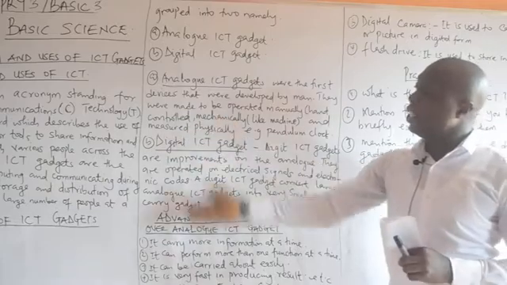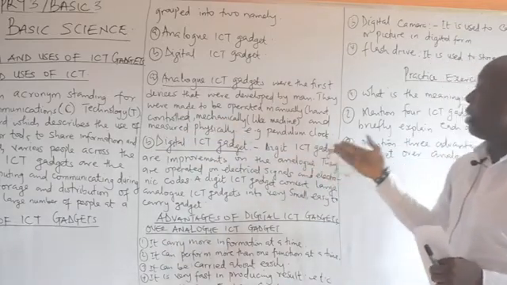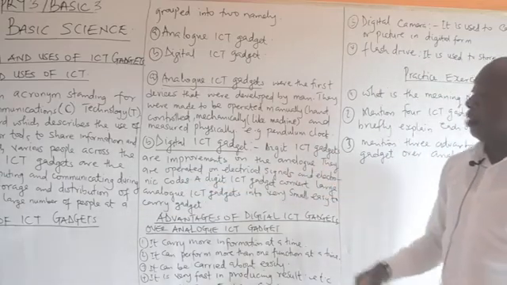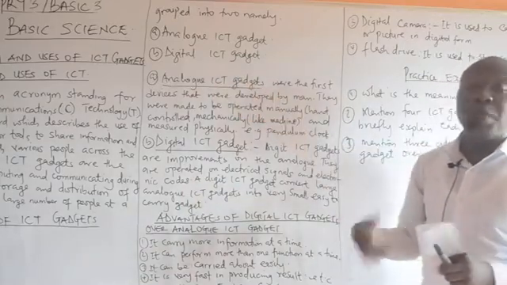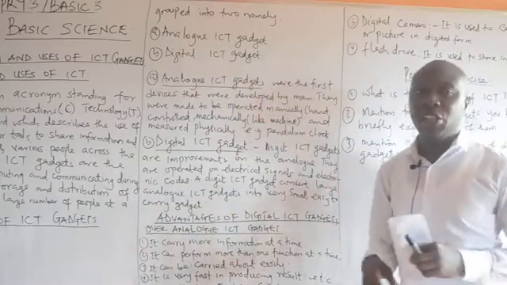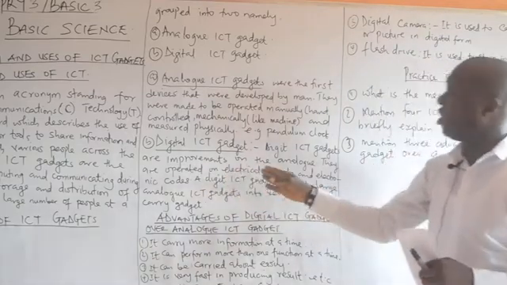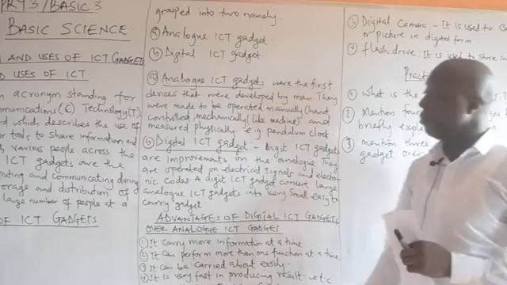So we also have the digital ICT gadgets. Digital ICT gadgets are improvements on the analog. That is, they work on the analog ICT gadgets to produce the digital ICT gadgets. They are operated on electrical signals and electronic codes.